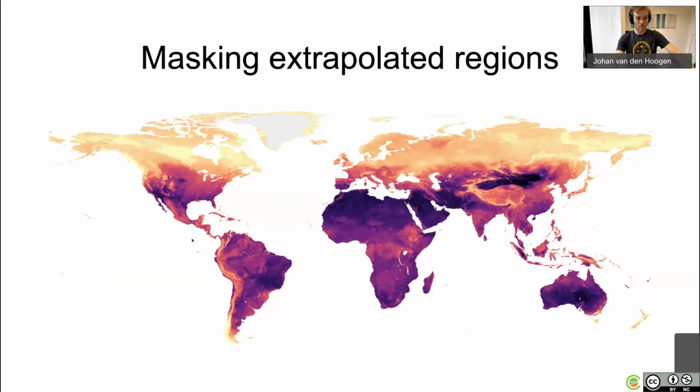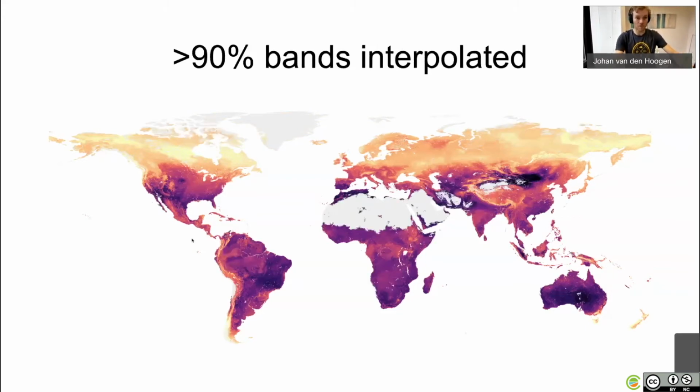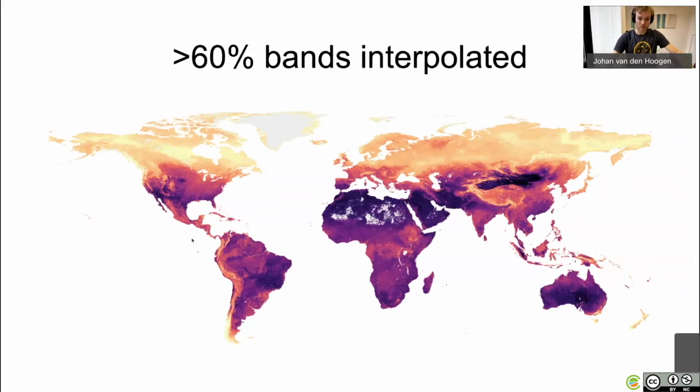Masking all pixels that have fewer than 95% interpolated shows that a large proportion of the planet is a region where this model is extrapolating. Depending on the threshold you set, the range of extrapolation changes, and this is something an end user could decide, anywhere from 10 to 99% interpolation.